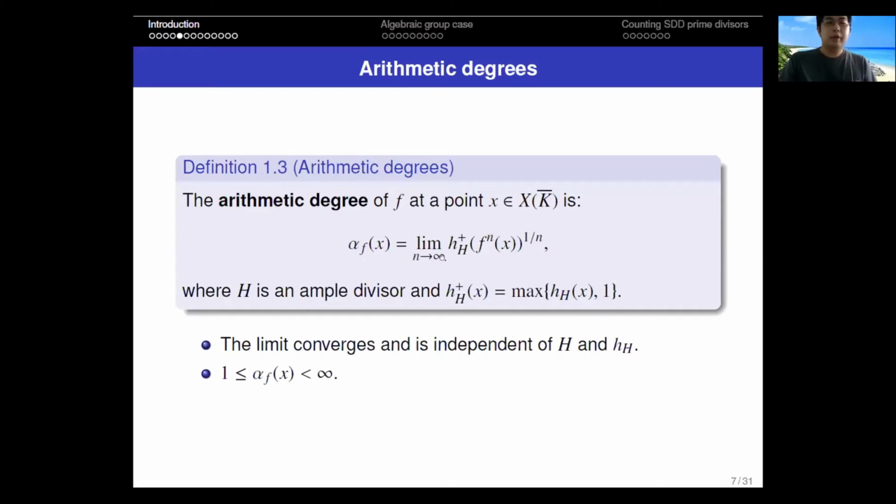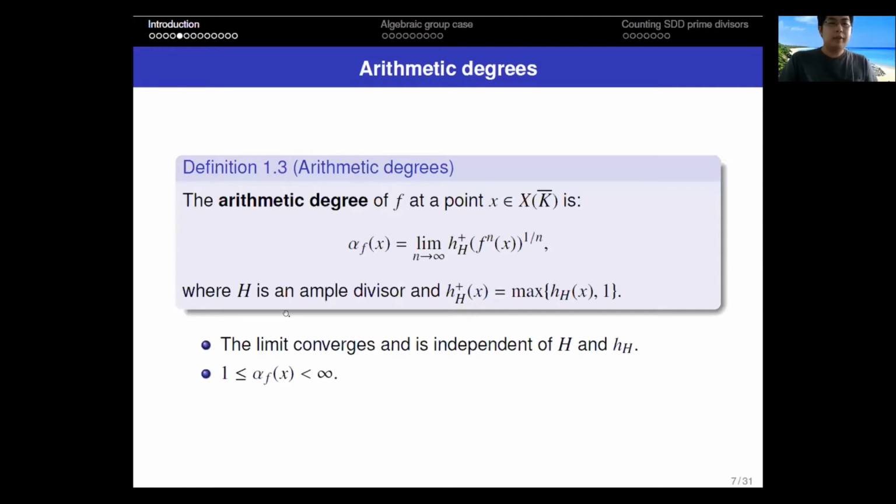Anyway, we define alpha_F(x) by the ample height of F^n(x) to the power 1 over n, and taking the limit.